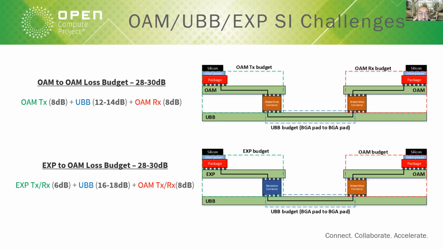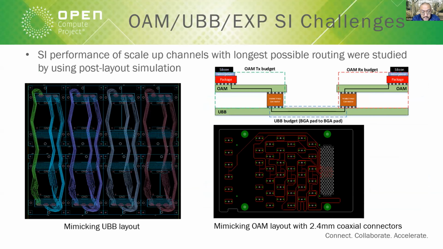The routing difficulty is crosstalk and ILD, not a loss dominant challenge. Here we talk about the loss dominant challenge. So we'll give 6 dB on the expansion card, including the connector and connector footprint. We give the UBB up to 18 dB. We give OEM TX/RX 8 dB, which is aligned with our scale up. So if you can go to next slide.